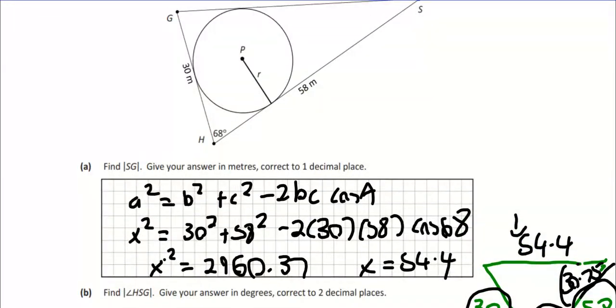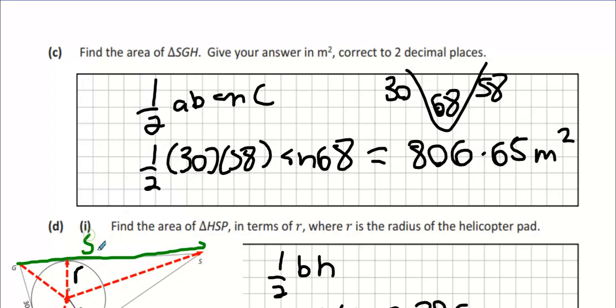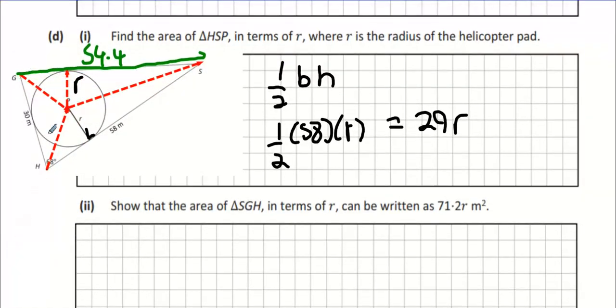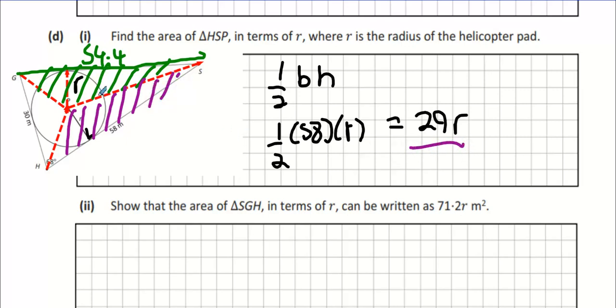It's 54.4. So for this green triangle, we already know the size of the purple triangle is 29r. But for the green triangle, I can use a half base times height, which is 54.4 times r.